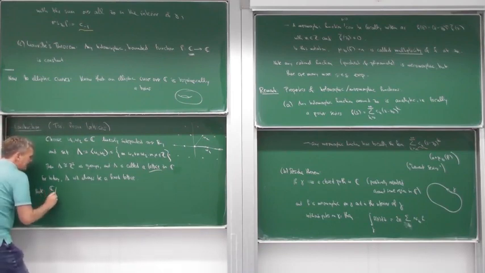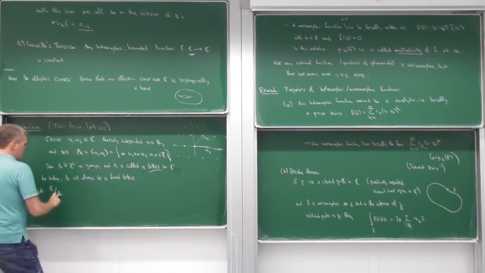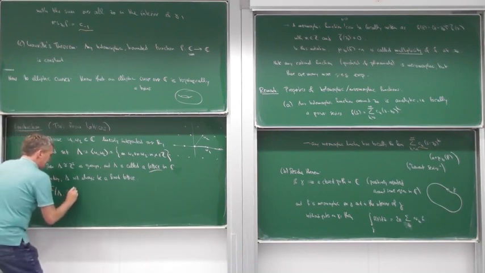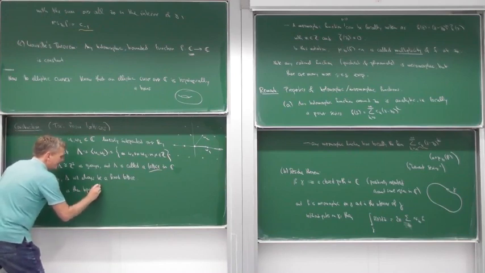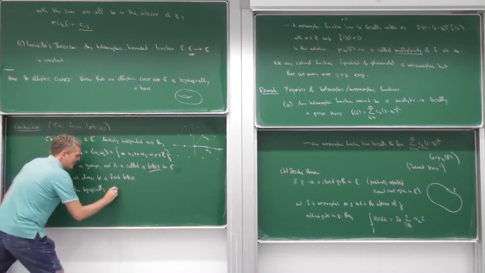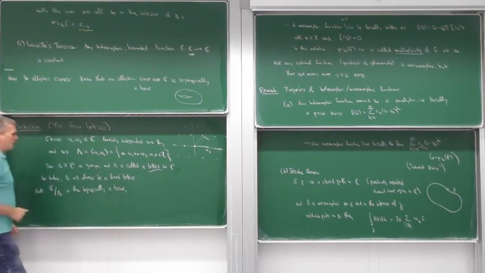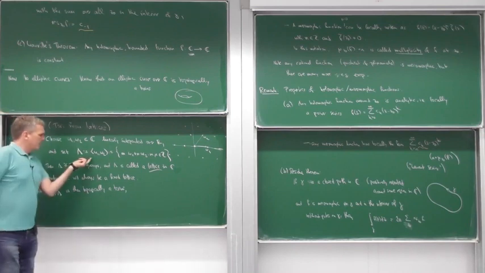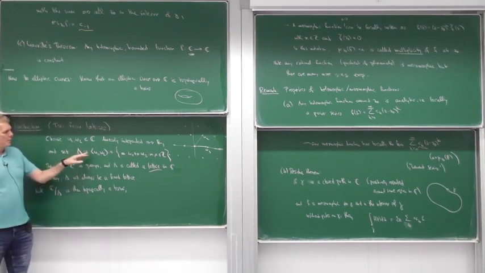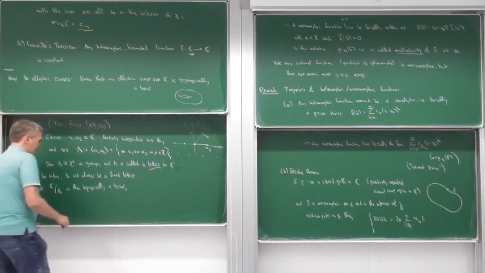Note, if we consider the quotient group C mod lambda, it is then topologically a torus, and we'll often consider functions on that, and of course, a well-defined function on this quotient, on the torus, would be the same as functions on C that are periodic with respect to lambda. So that means if you take any z and then add an element of lambda, you would get the same result.